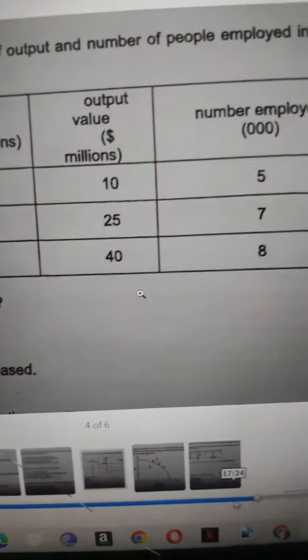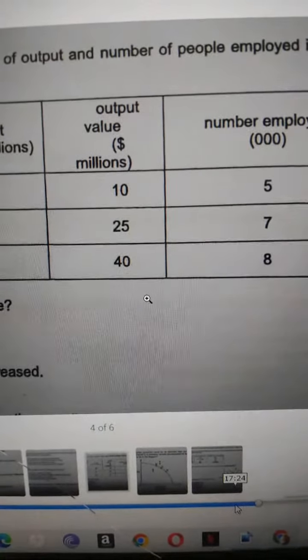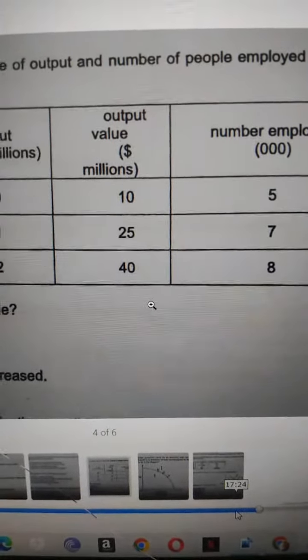So if they are producing 10 million output, what is the amount of money of that output? It is $10 million. Number employed means how many workers are there. So for the first one, it is, for example, 5. It is actually 5,000.